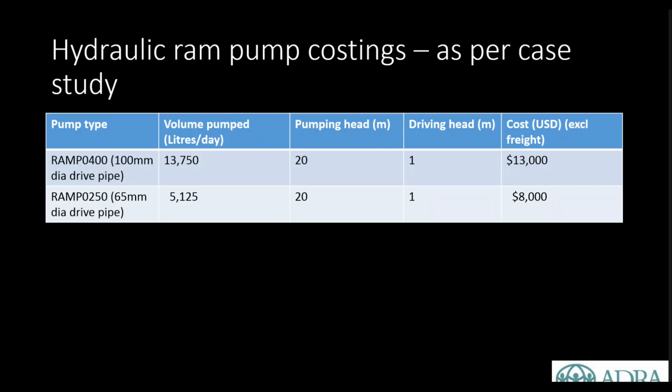What does it mean, pumping head? So the driving head is the difference in height between the surge tank and the pump. And the pumping head is the difference in height between the pump and the delivery tank, the storage tank where you're actually going to pump to.